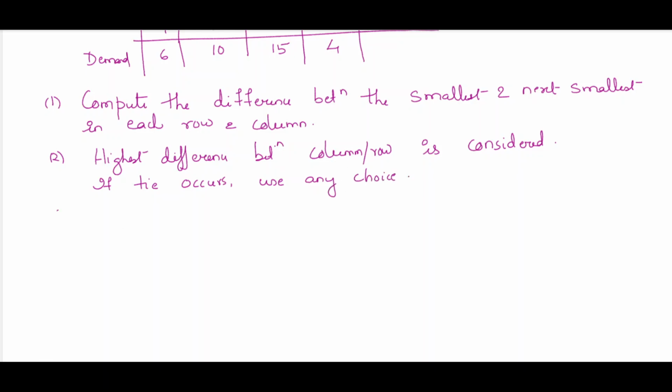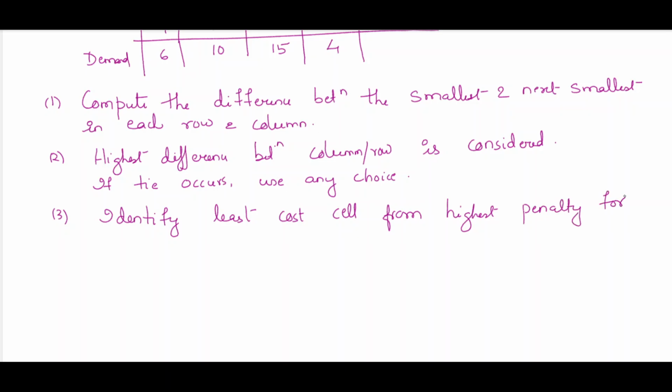Third rule is to identify the least cost cell from the highest penalty row or column for allocation. So these are the rules. So let me start with this.